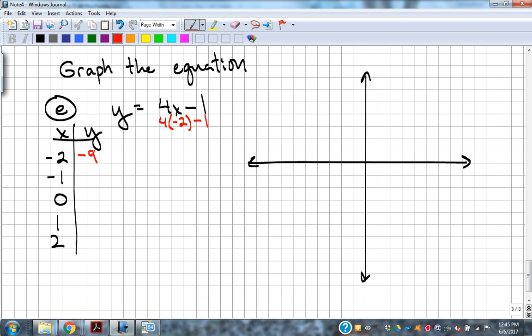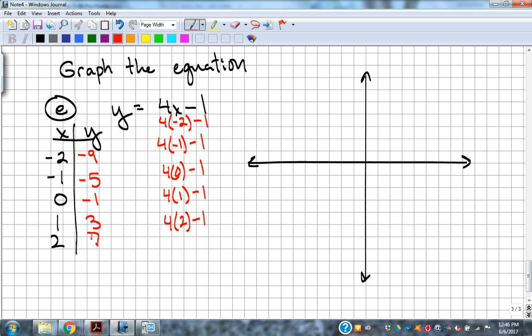Then I'm going to do the same thing with -1. 4 times -1, that'd be -5. I'm going to do 0. That'd be -1. I'm going to do 1. That'd be 3. And I'm going to do 2. That would be 7.